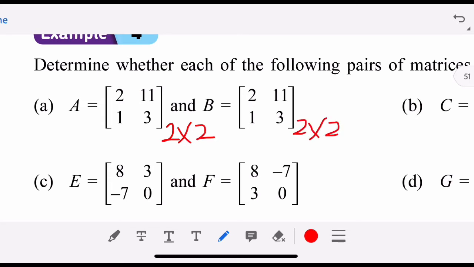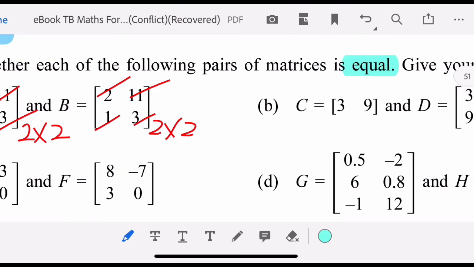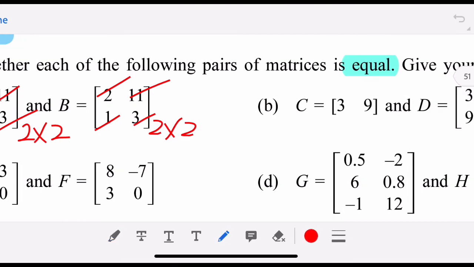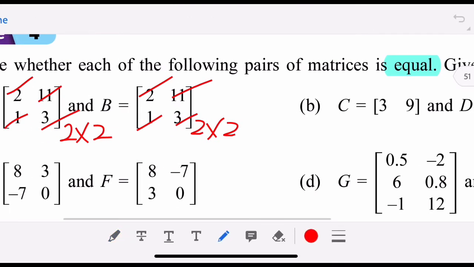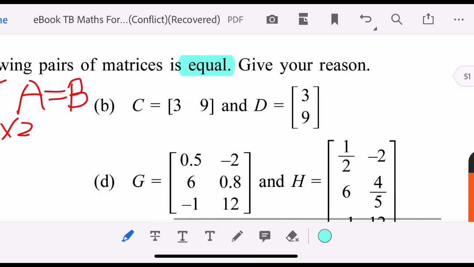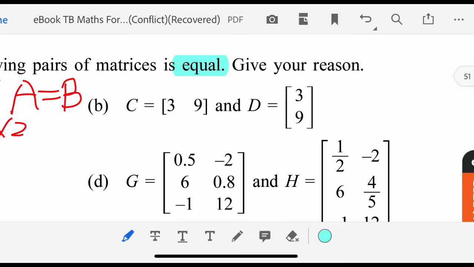Then the corresponding elements are the same: 11 and 11, 1 and 1, 3 and 3. So yes, this is an equal matrix. We can actually just write the big letter like this, A is equal to B, to represent matrix A is equal to matrix B.